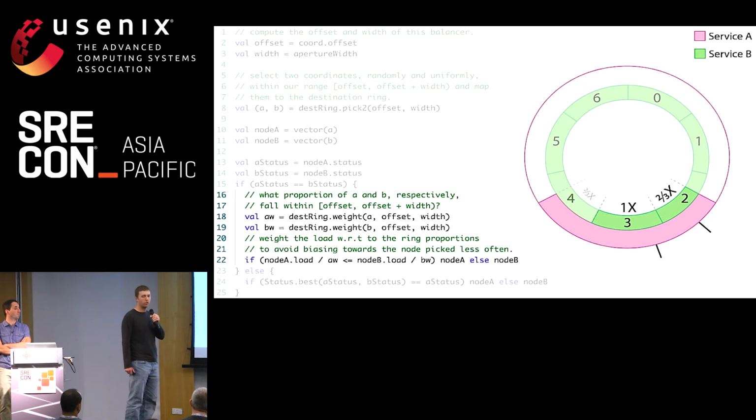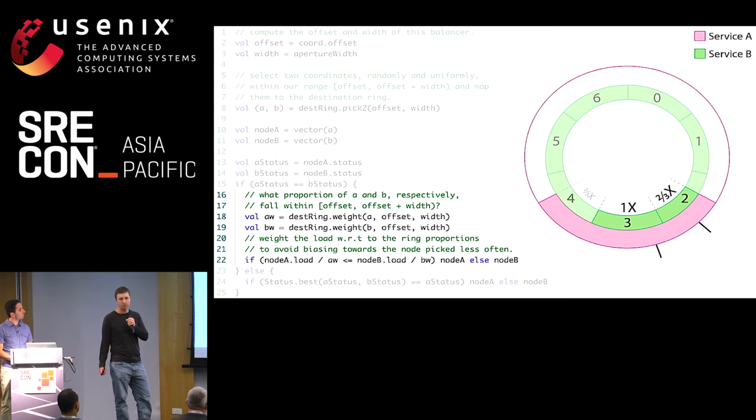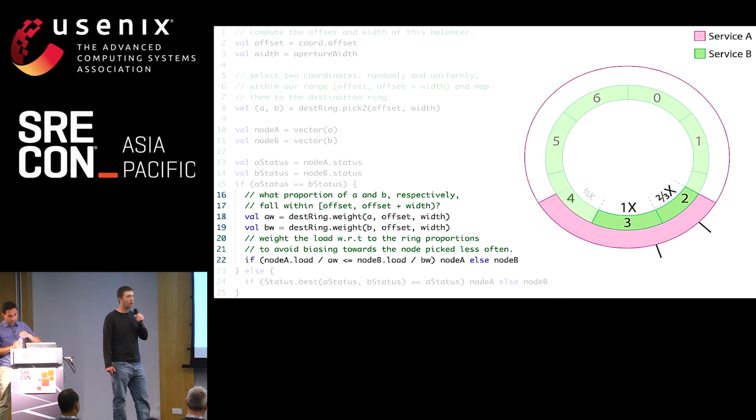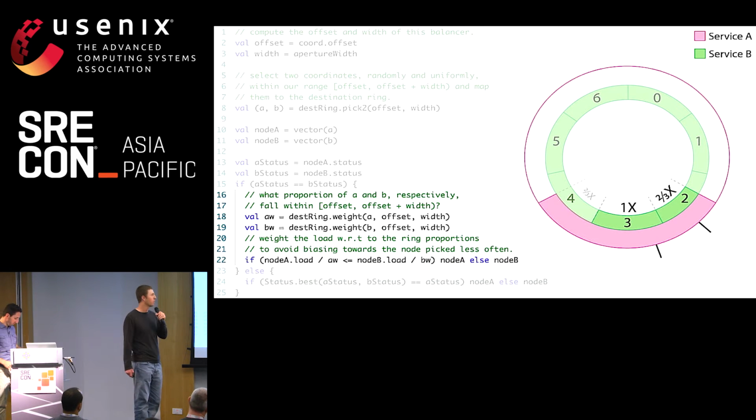And this is where the separation of concerns between selection and evaluation really enables us in this case. So again, we assume status is open, and we then fall to lines 18 and 19, where we simply compute the weights that are assigned to each node in our aperture slice. And then we move down to line 22, where we just simply weight them inversely proportional to how much of them we own.